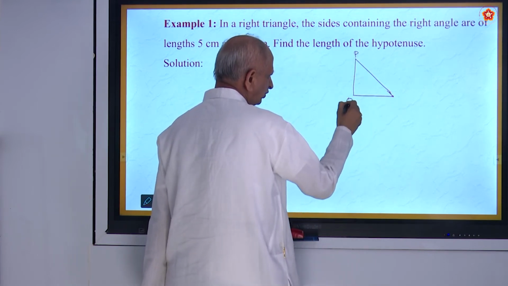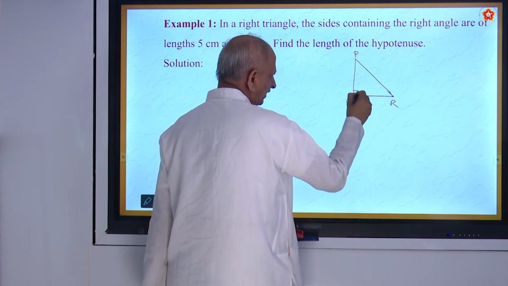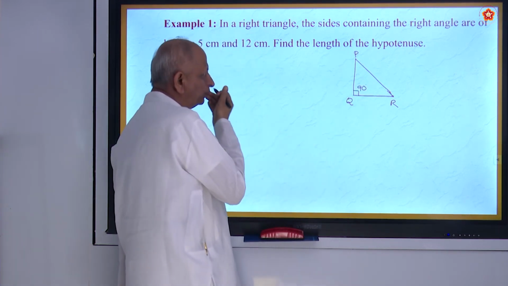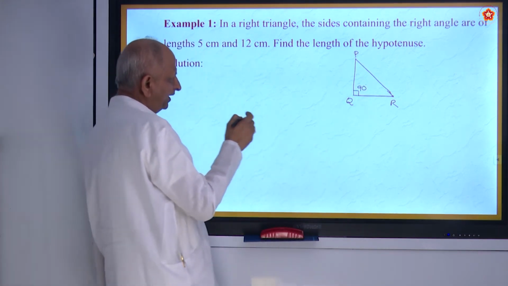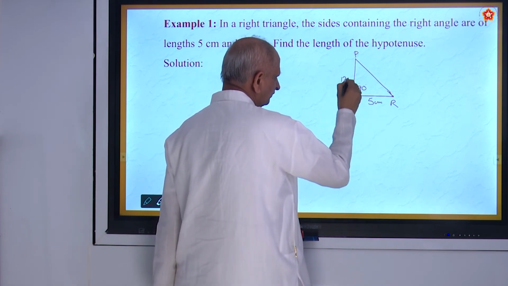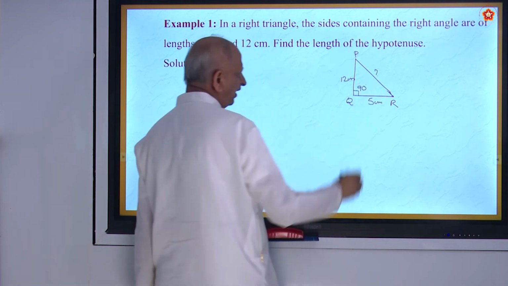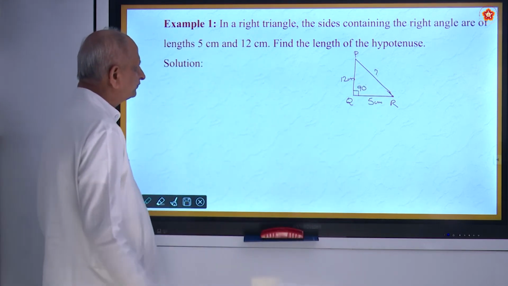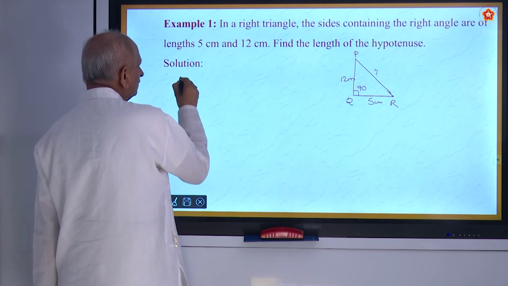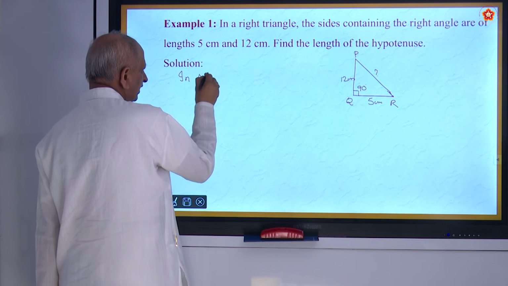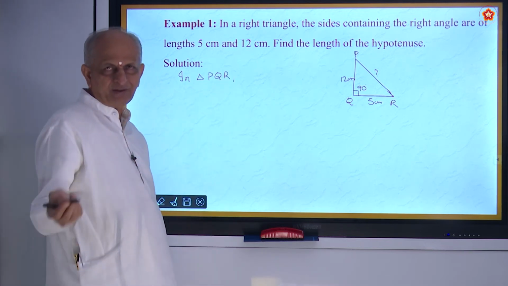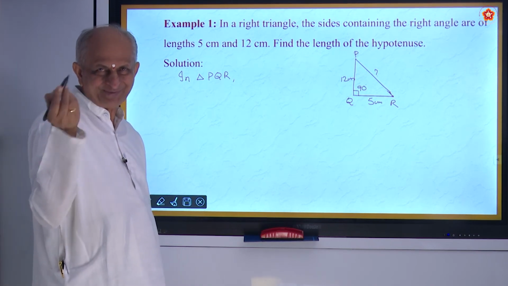Shall we call it PQR? So, it is a right triangle, with the right angle at Q. You are given that the sides are 5 and 12. They are asking the length of the hypotenuse. So, in triangle PQR, what is the name of the hypotenuse?